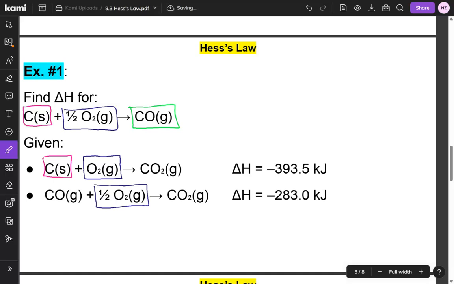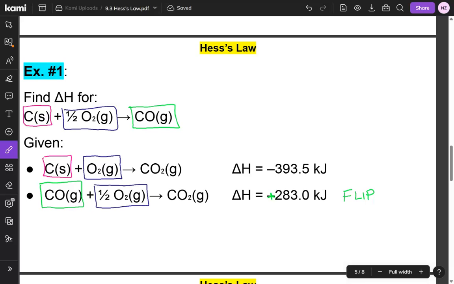Carbon monoxide is present only in the second reaction, but it's on the incorrect side, so I'm going to need to move it over to my other side. So I'm going to need to flip the second reaction. I need to flip the second reaction to make this happen. So I'm going to flip this, and in doing so, that will change my sign to become positive.